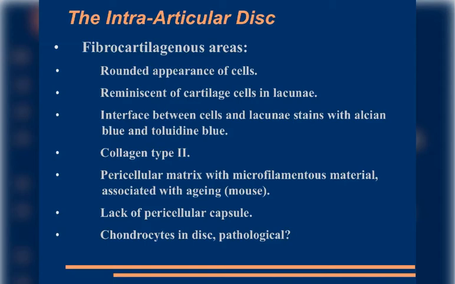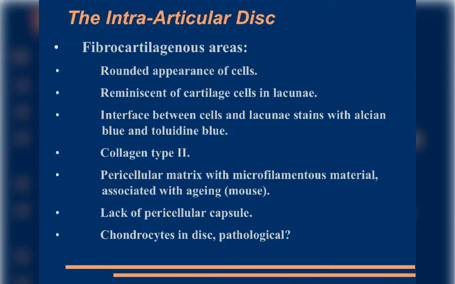As we mentioned before, there are some localized fibrocartilaginous areas in the disc. The cells in these areas have a rounded appearance, and this is reminiscent of cartilage cells in lacunae. They look similar to the chondrocytes, the cartilage cells in lacunae.